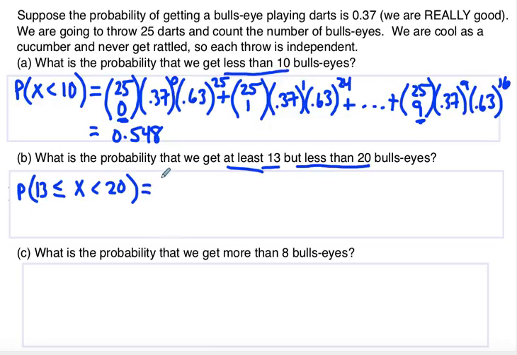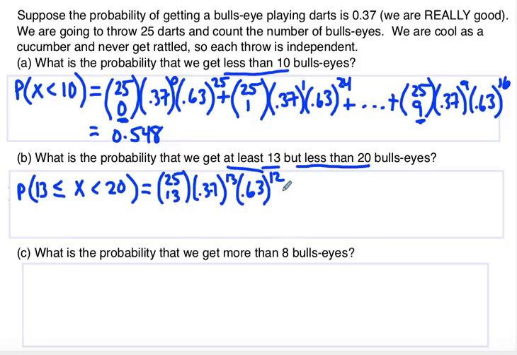All right, so we start. Our lower bound would be 13 because it can equal 13. Our probability of success is 0.37. Raise that to the same power as what this bottom number is. 1 minus 0.37, we already found was 0.63. And then this exponent will be 25 minus 13.